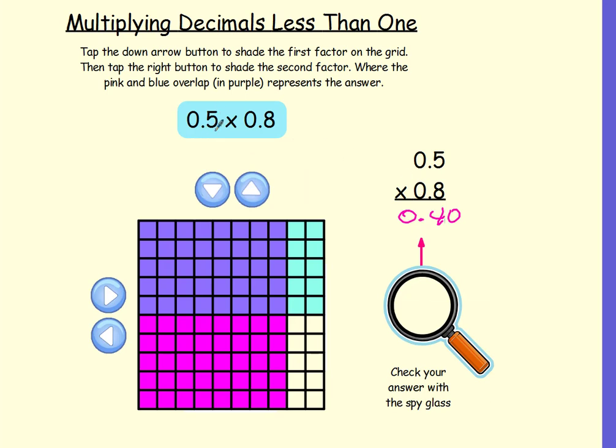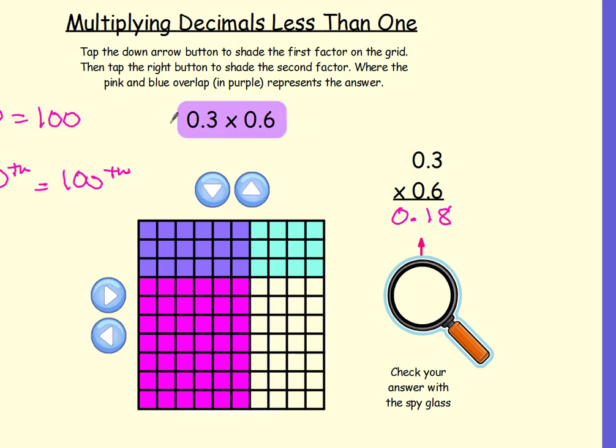5/10, 8/10. One decimal place in the first factor, one decimal place in the second factor. So the sum of the decimal places is going to be 2. So looking down here in our answer, 40 hundredths, there were 2 decimal places. 3/10 times 6/10. There's one decimal place in the first factor, one decimal place in the second factor.